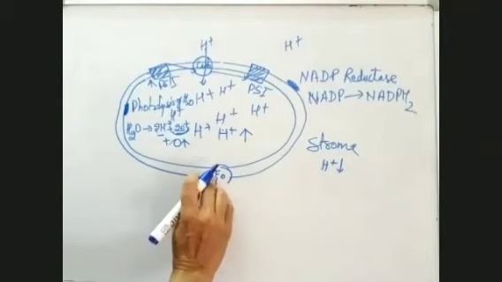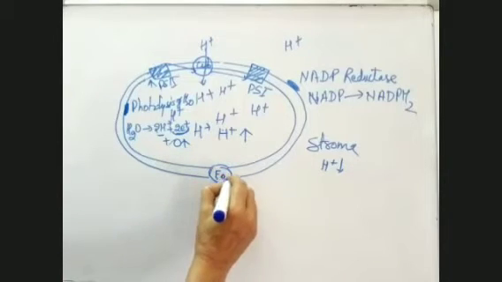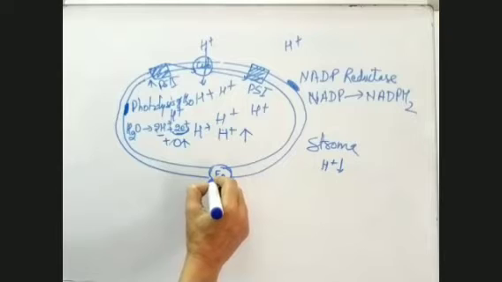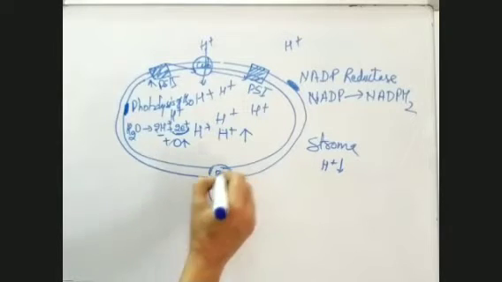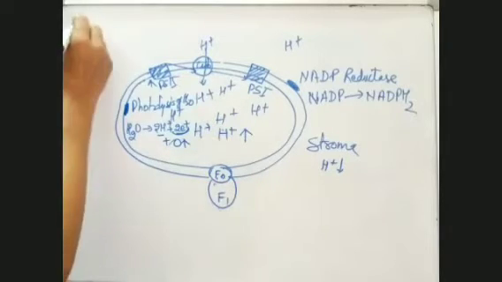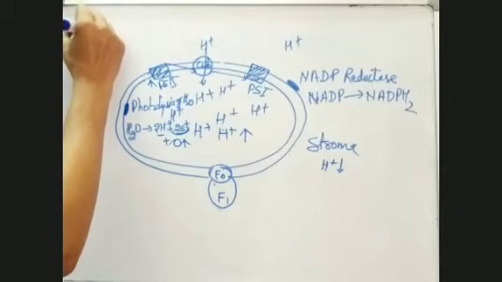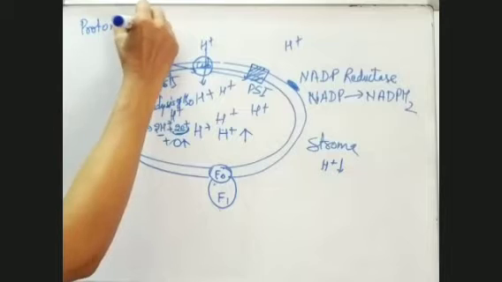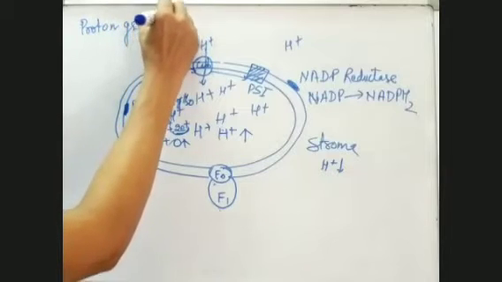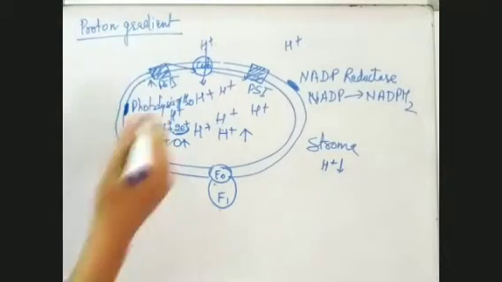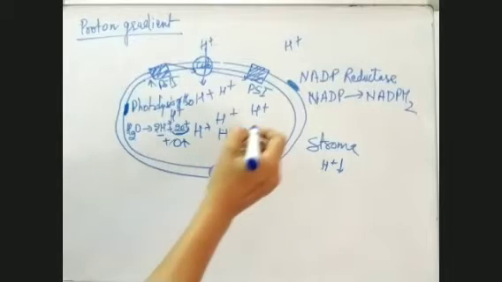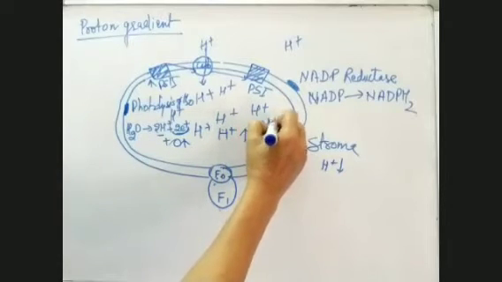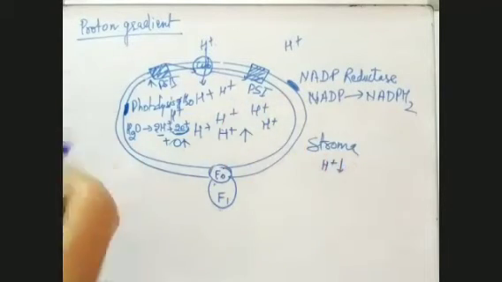And I told you that both F0 and F1 participate in the synthesis of ATP. How does it synthesize it? Now, I told you that this is all based on the proton gradient. So this proton gradient is broken. That means the protons which are more inside and less outside, the gradient which develops, is broken.